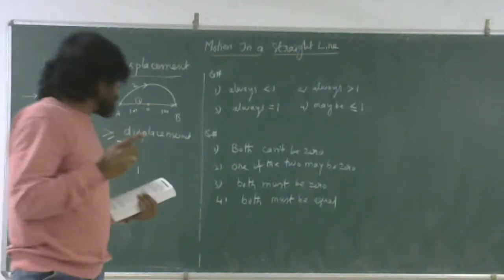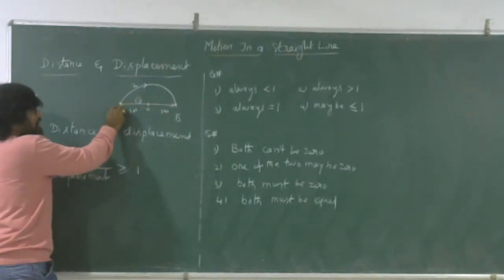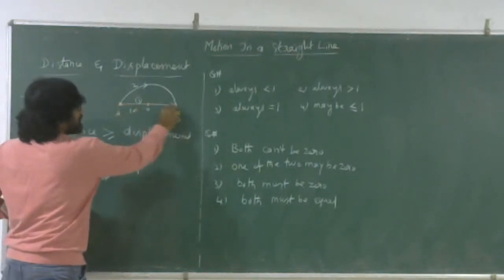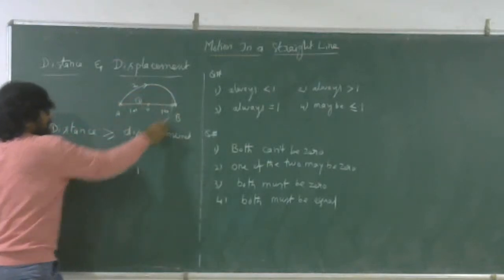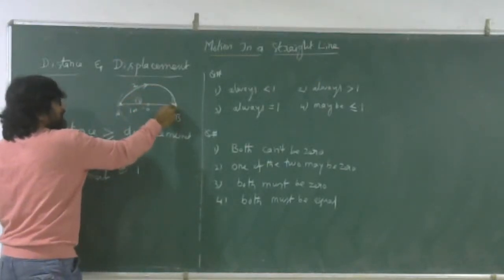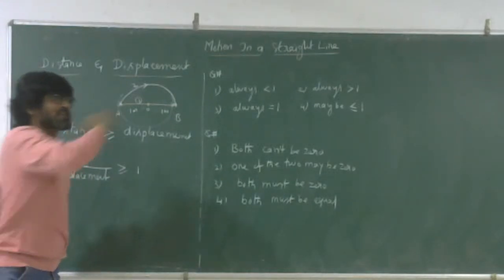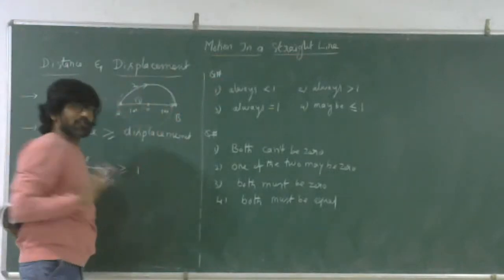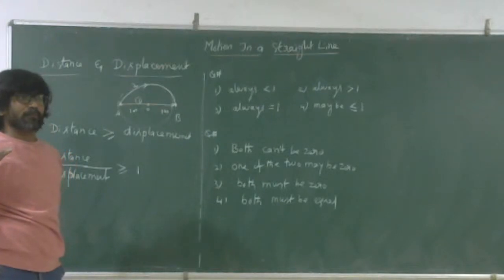Changed means, say for example, this is the position of a particle. It is changed to somewhere here, along a straight line or in a circular path. It is changed, but it is not mentioned that it changed and came back. Changed means it is displaced from its initial position. Both must be equal, because distance and displacement will be the same at the time.